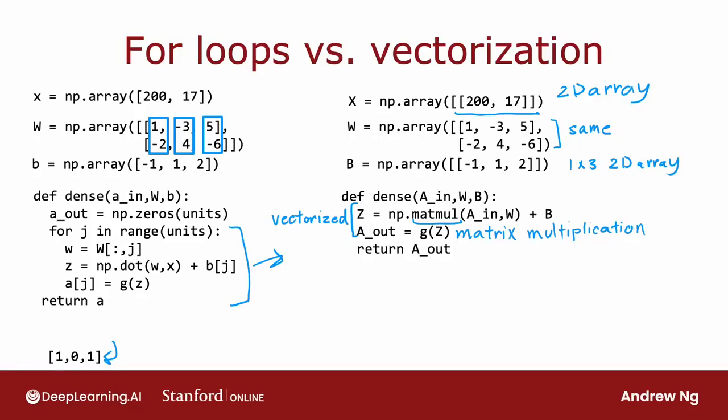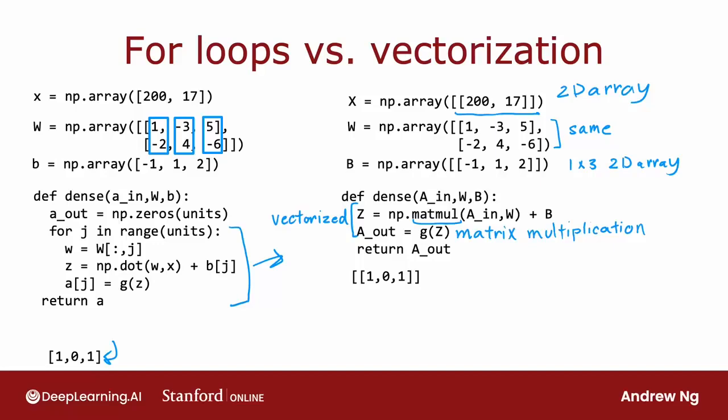So you compute Z, which is now a matrix again, as np.matmul between A_in and W, where here A_in and W are both matrices, and matmul is how NumPy carries out a matrix multiplication. It multiplies 2 matrices together and then adds the matrix B to it. And then A here, or A_out, is equal to the activation function g, that is a sigmoid function, applied element-wise to this matrix Z, and then you finally return A_out.